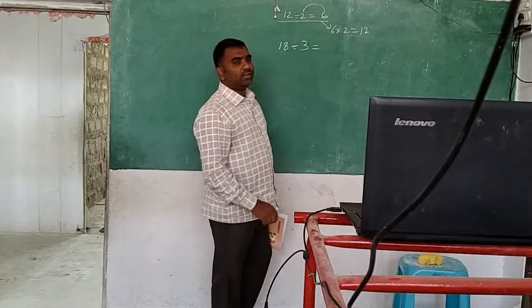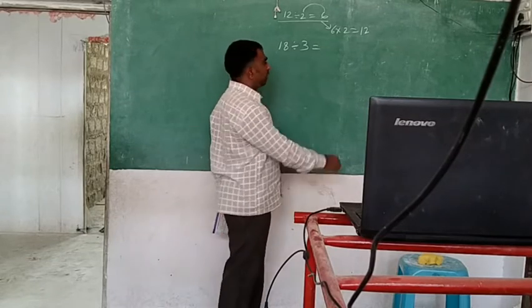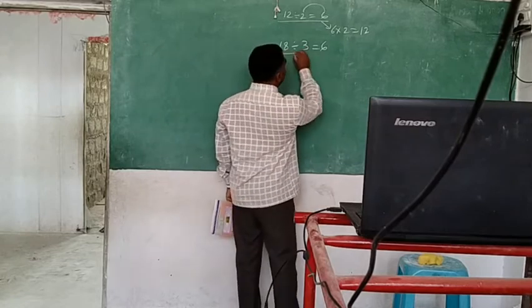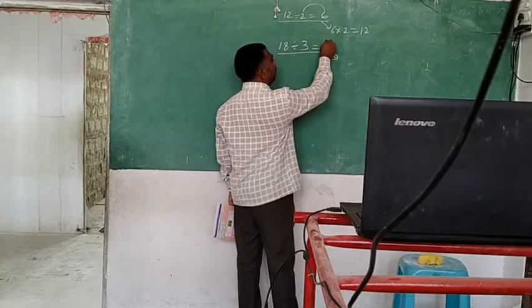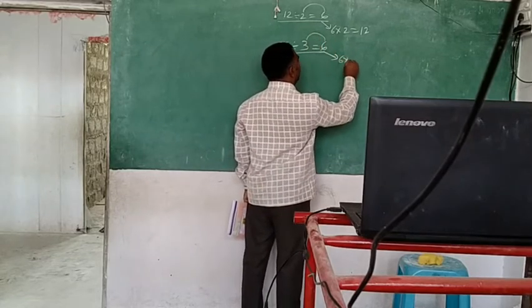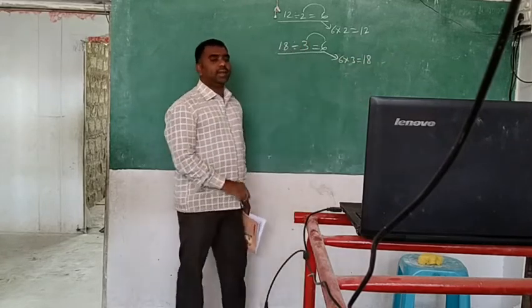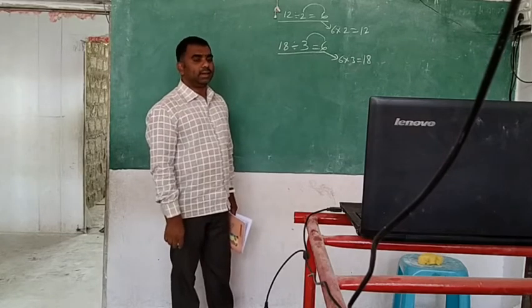Then how many stars came in each group? 6 came. So this division we will convert into multiplication: 6 3s are 18.